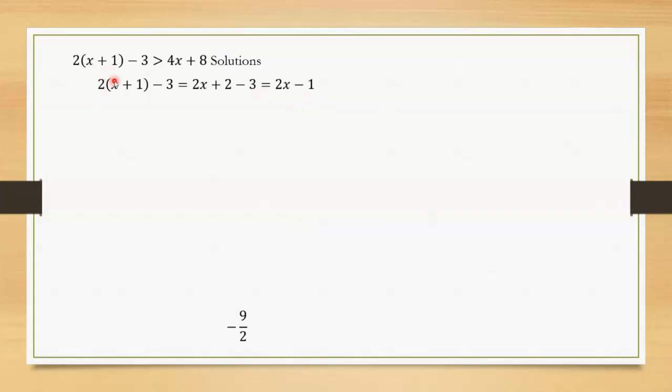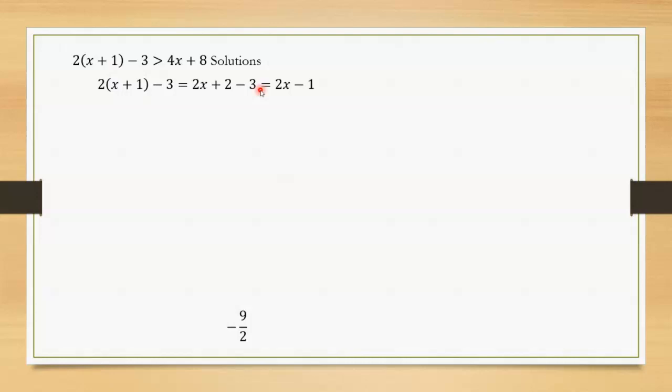So we have 2 times x plus 2 times 1. That's where the 2x plus 2 comes from. We're subtracting 3, and that's why we get 2x minus 1 for the left side.